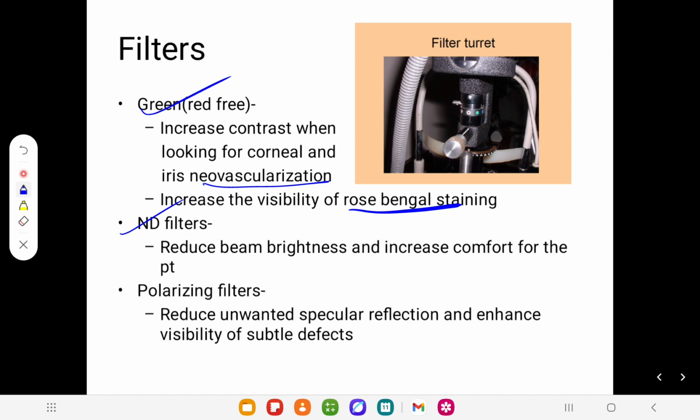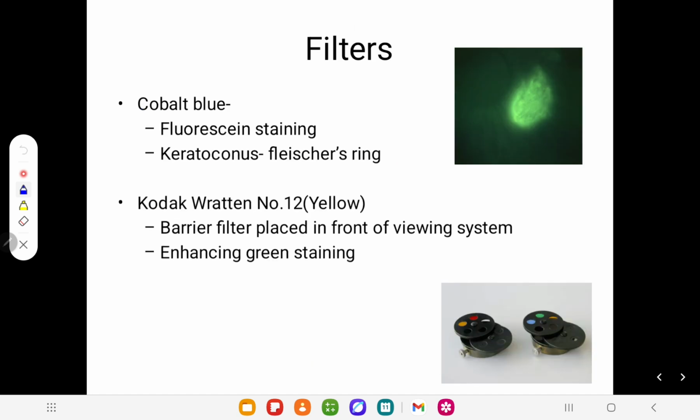Polarizing filters reduce unwanted specular reflection and enhance the visibility of subtle defects. Okay, that's good. Cobalt blue is centrally important whenever you use fluorescein staining. As an optometrist, it's a gold standard, isn't it? For contact lens practice, for me, fluorescein with cobalt blue is very important. Whenever I show my students rings, it's very important.